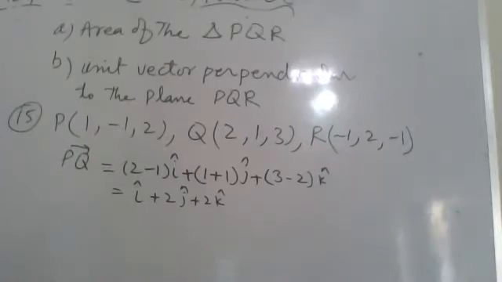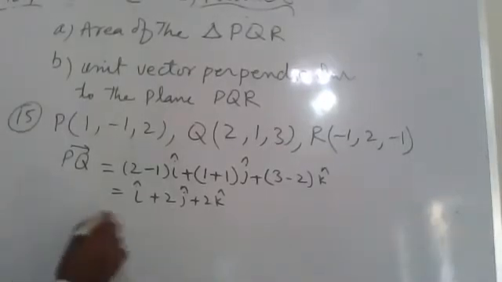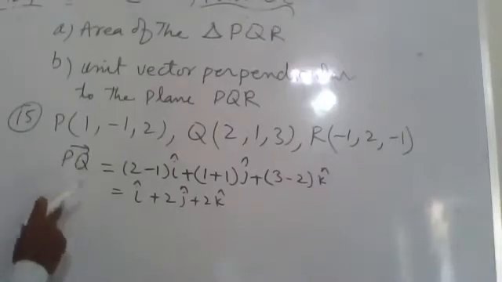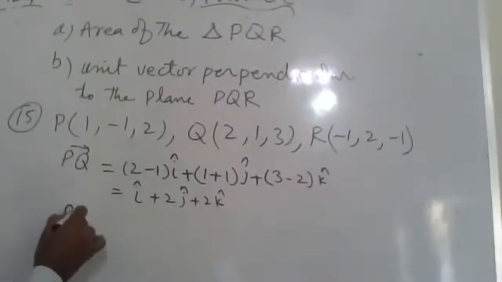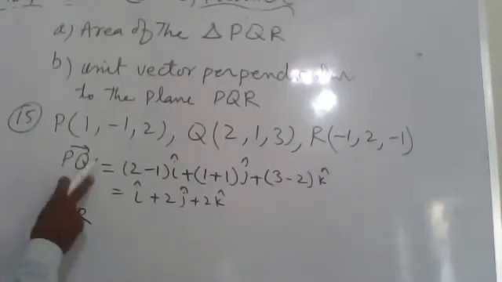So first of all, we find the vector PQ, then we'll find vector PR. From the same point we take the two vectors PQ and PR.